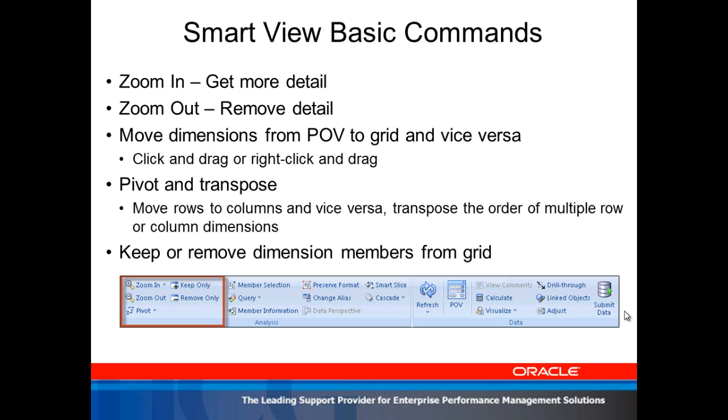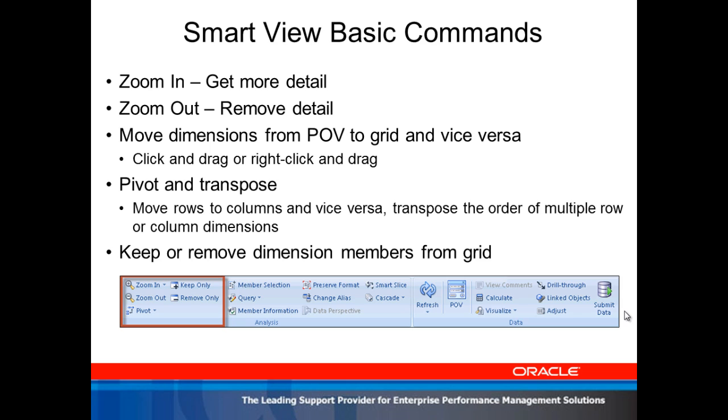And the most basic of those commands are zooming in to dimension hierarchies to get more detail, zooming out to remove that detail, moving dimensions from the POV to the grid and vice versa, or pivoting dimensions that are in the rows to the columns and vice versa. And if you have multiple dimensions in the rows or columns, you can transpose the order of those rows or columns.